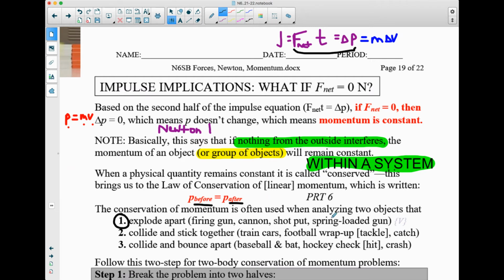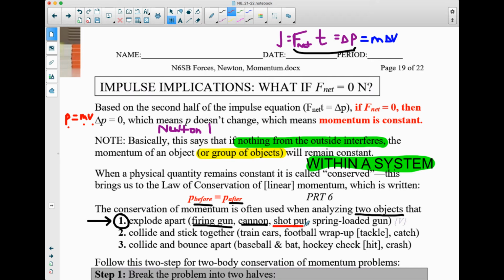It gets interesting when you start looking at two objects or more. We'll stick to two. A nice one that we started looking at yesterday, we watched a couple of videos, is the explosion problem, such as firing a gun, firing a cannon. We saw these two. And actually, there are other explosions too that we didn't yet talk about.